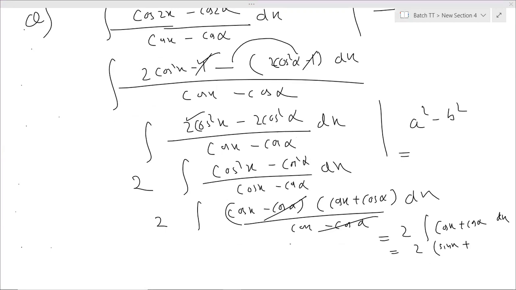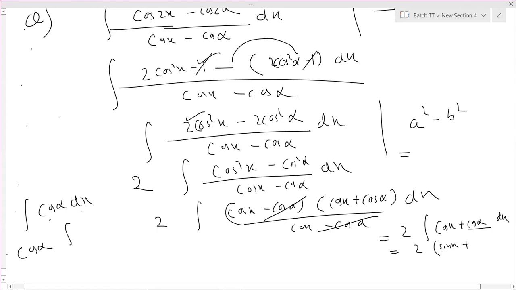Sin alpha? No. Alpha is a constant here, right? Treat it as a number like 5 or 6. So like, sir, integral 1 dx. Absolutely, that's correct. So we can integrate it like this: cos alpha dx. So cos alpha is outside of the integration. Integration 1 dx, integration of 1 is x. So x cos alpha is the answer.